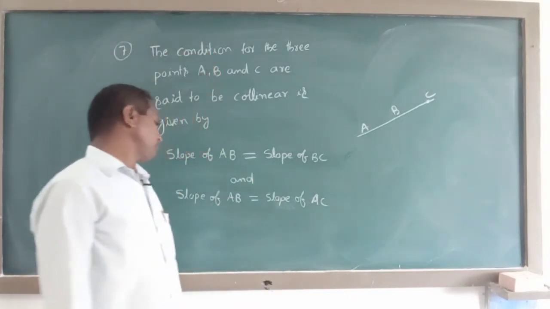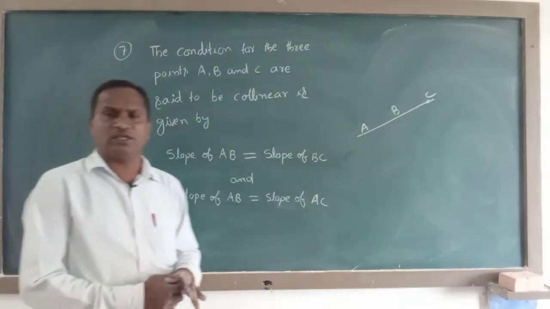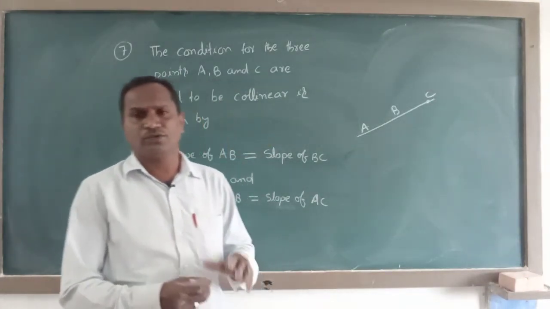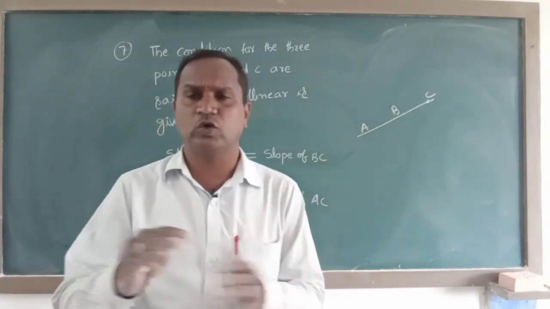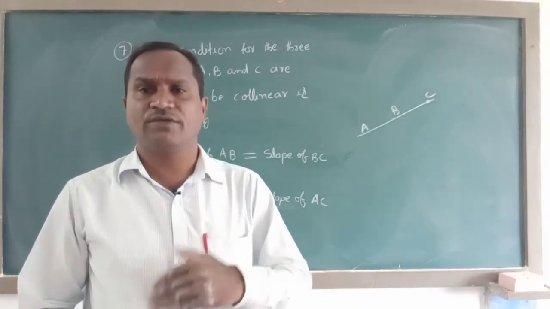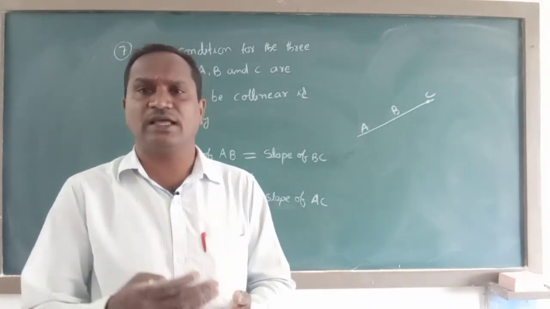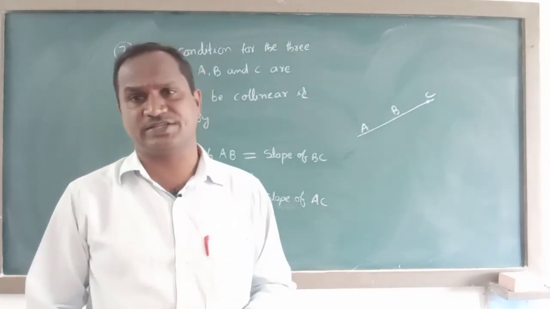See here. When they ask to show that the given 3 points are collinear, we have to find individually, or separately, slope of AB and slope of BC. Whether they are equal or not, we have to check. If they are equal, easily we can say those 3 points A, B and C are collinear points.